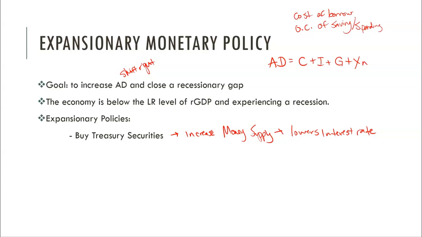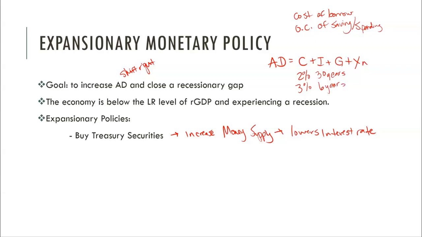Okay, so cost of borrowing. If the interest rate goes down and you want to buy a house, home loans are 2% interest for 30 years, or you want to buy a car, right, and get 3% interest for 6 years on your car.